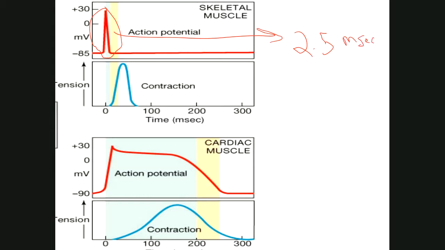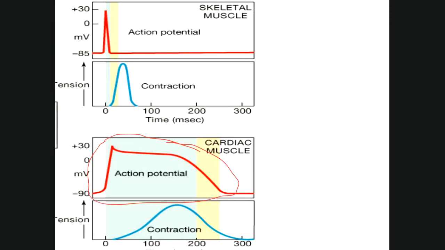In the heart, the action potential looks different. Here's what the action potential looks like in the heart. Look how long it is. Not this little short 2.5 milliseconds. This is almost 300 milliseconds. In other words, it lasts about 100 times as long.